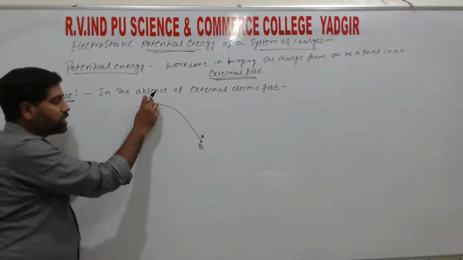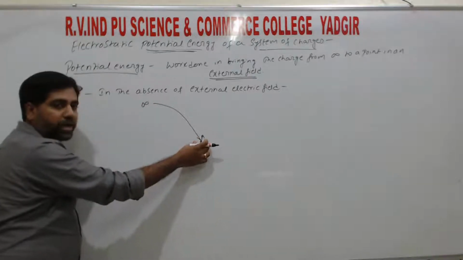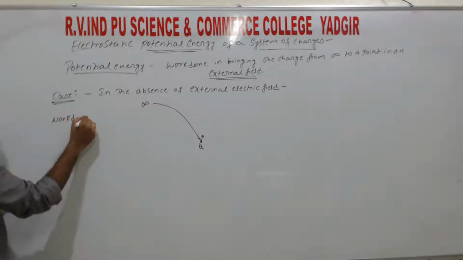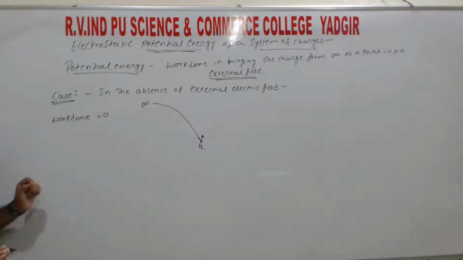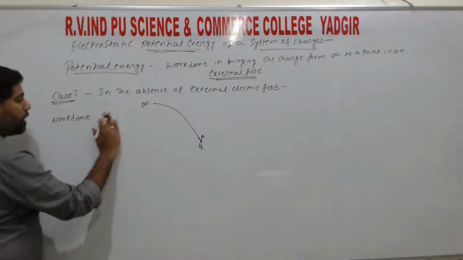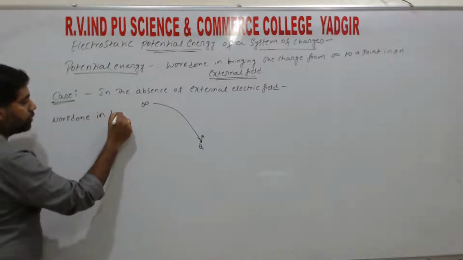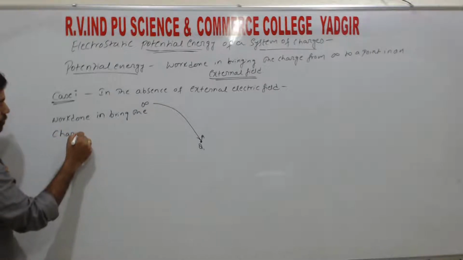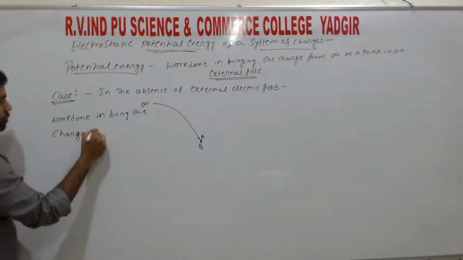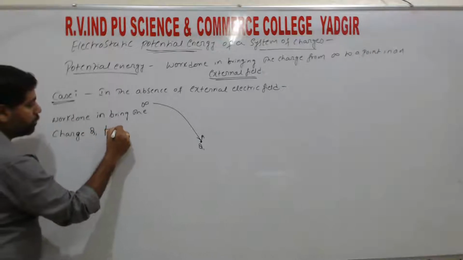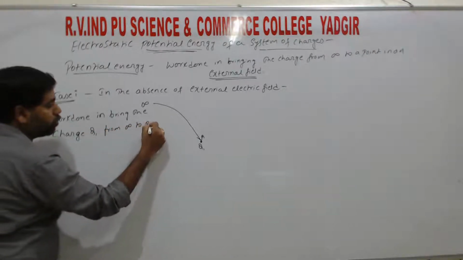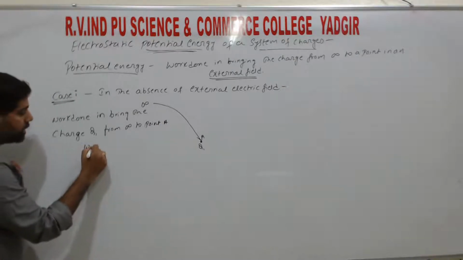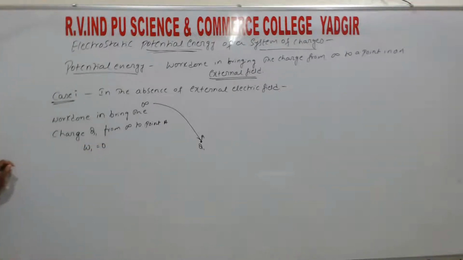Hence, if we bring the charge from infinity to the point A, then work done is equal to 0. That is the work done in bringing the charge q1 from infinity to point A, right? Calling that work done W1, it is equal to 0, right?